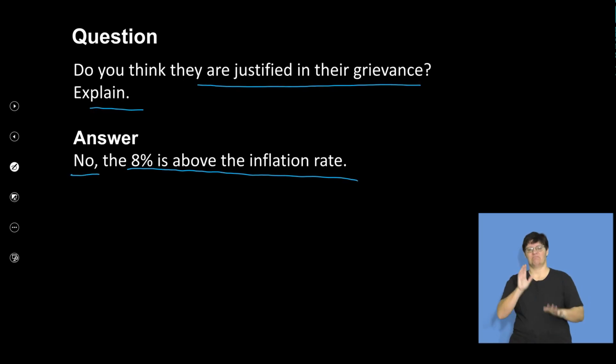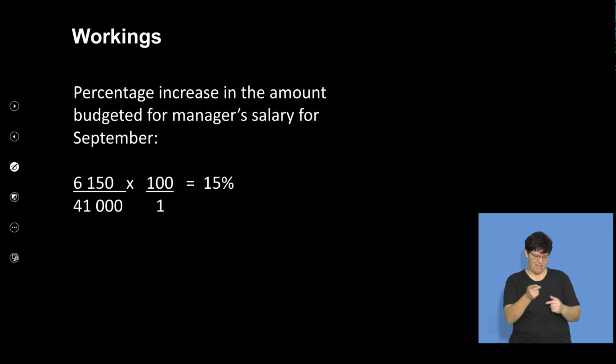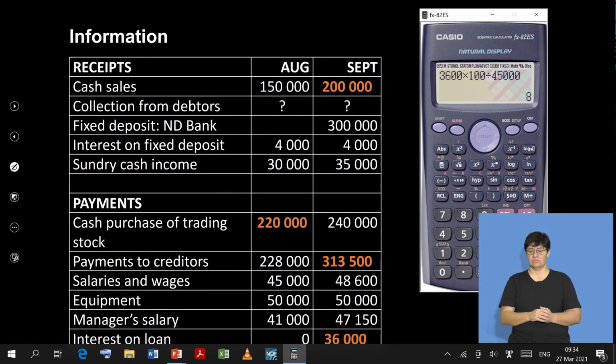All right. Now, we then went further and said, compare the percentage increase for the manager's salary. Let's look at the manager now. Step number 1, take the 47,150 minus the 41,000, which was the previous month, and that will give you a figure of 6,150.